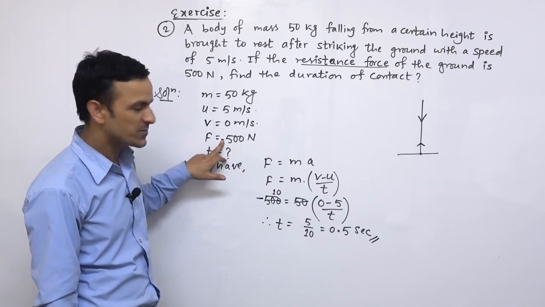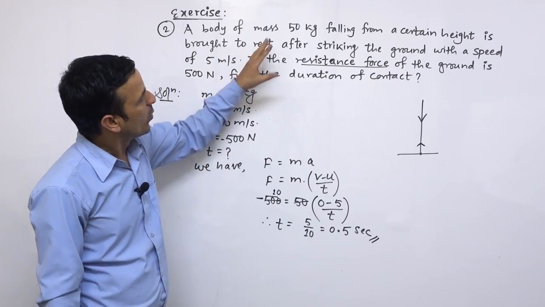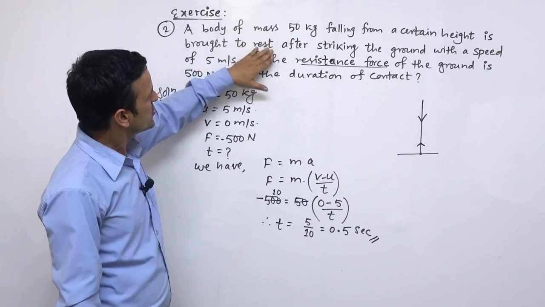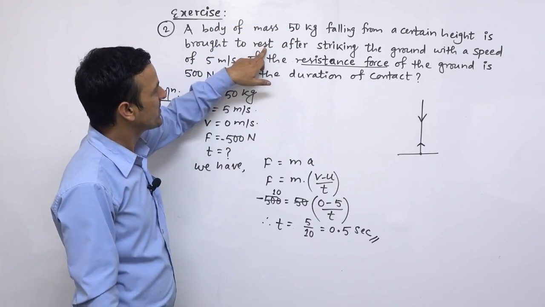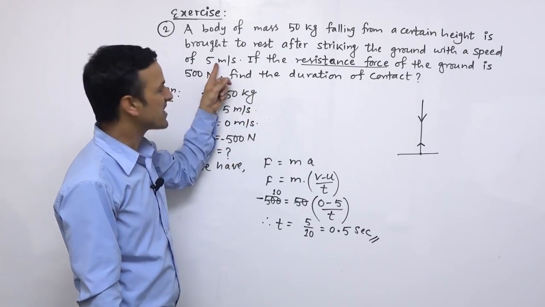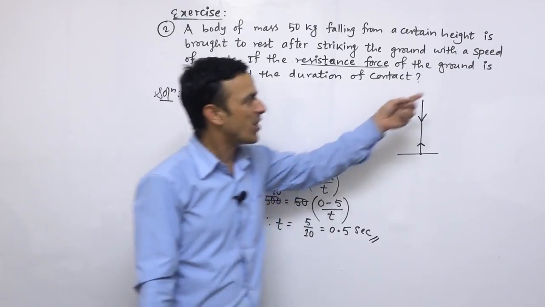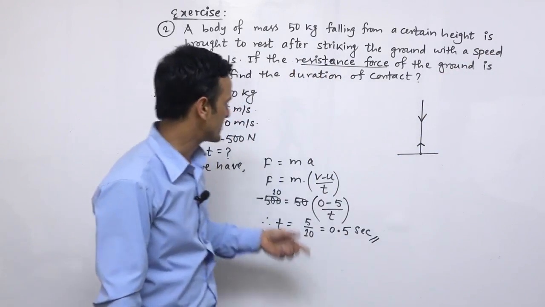Here this is resistance force, that's why we put the minus sign. When it is dropped from a certain height, finally it comes to rest. So final velocity is 0, but it starts with 5 meters per second. So it is initial velocity or speed. Speed here means velocity.